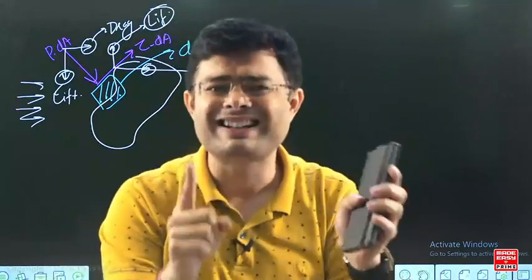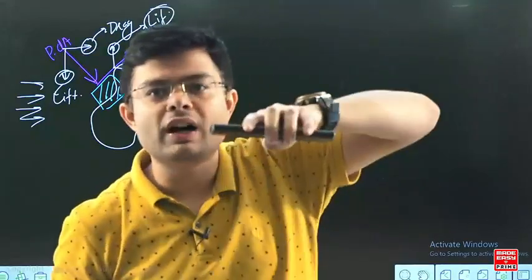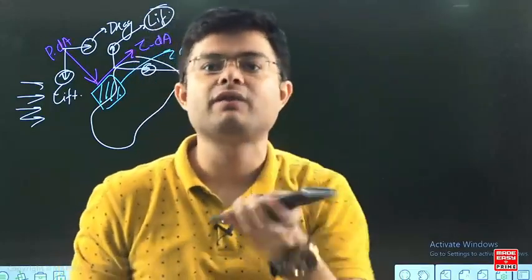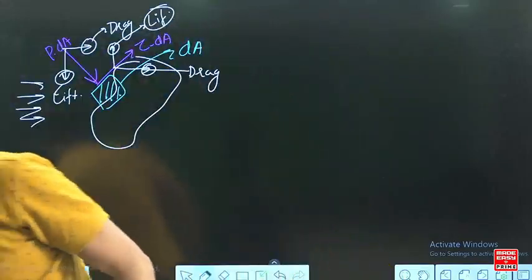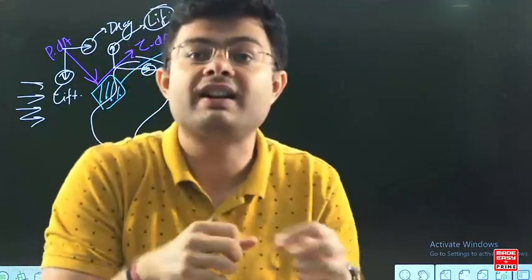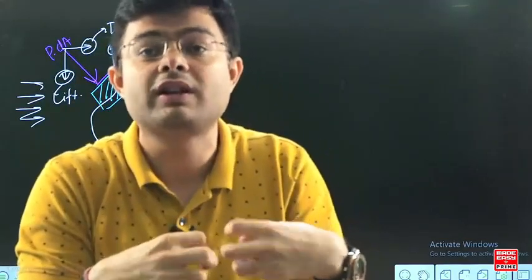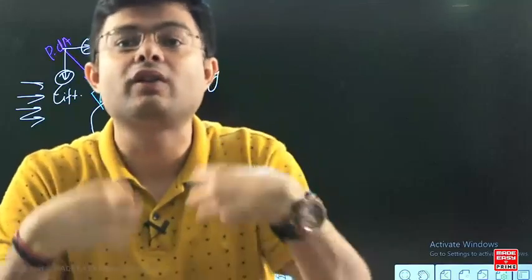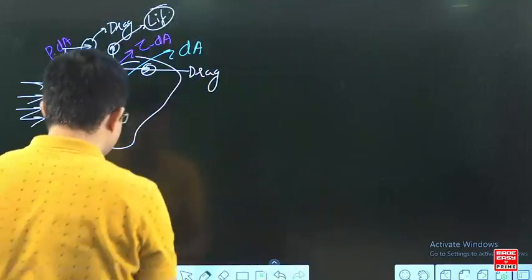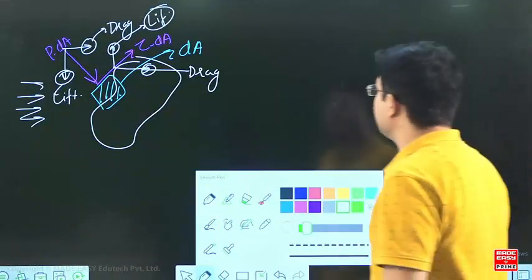Now listen carefully. Depending on the orientation of the body, it will be decided whether due to pressure, drag will be there, lift will be there or not, or due to shear, drag will be there or lift will not be there. So in totality, a total of 4 types of forces can get generated over the body.